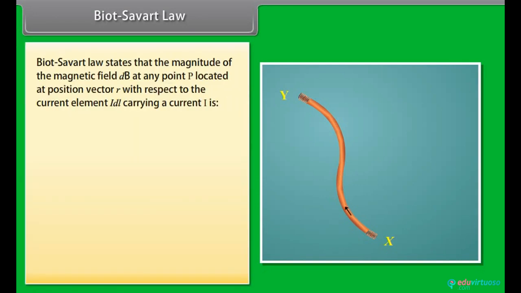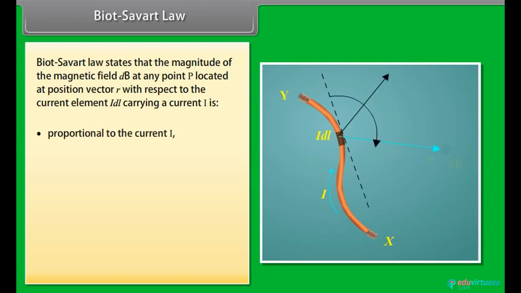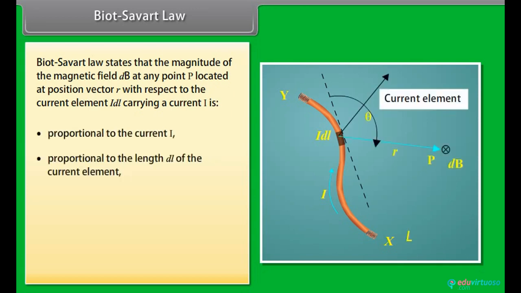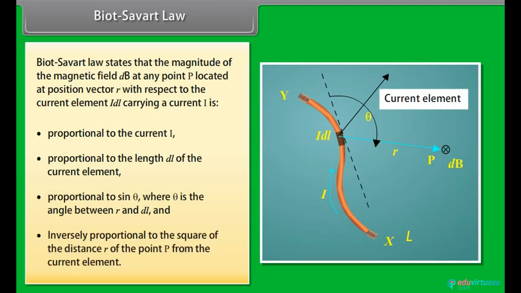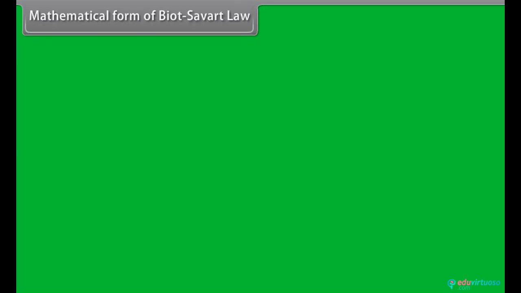Biot-Savart Law states that the magnitude of the magnetic field dB at any point P, located at position vector r, with respect to the current element Idl, carrying a current I, is proportional to the current I, proportional to the length dl of the current element, proportional to sine theta, where theta is the angle between r and dl, and inversely proportional to the square of the distance r of the point P from the current element. Mathematical form of Biot-Savart Law.